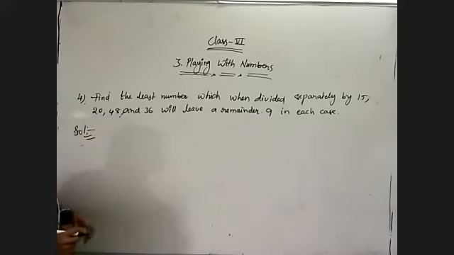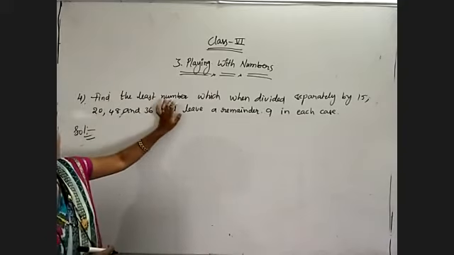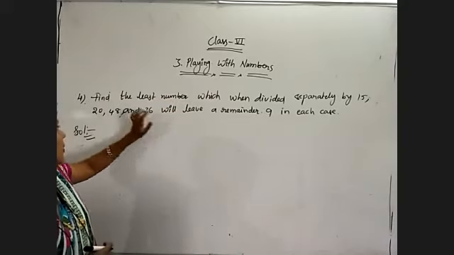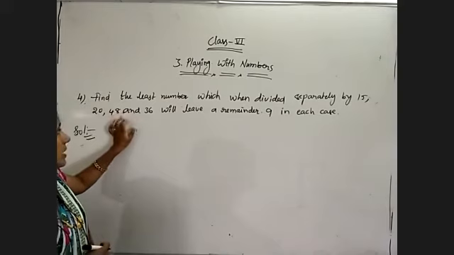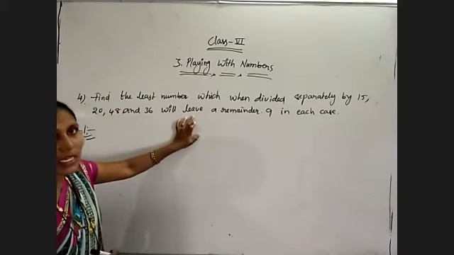Okay, observe this question. Find the least number which when divided separately by 15, 20, 48 and 36 will leave a remainder 9 in each case.